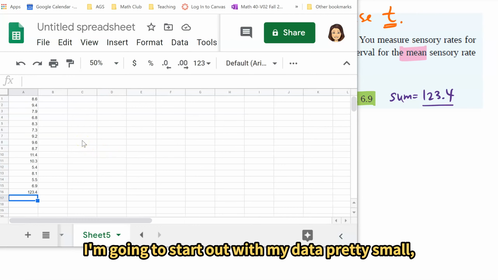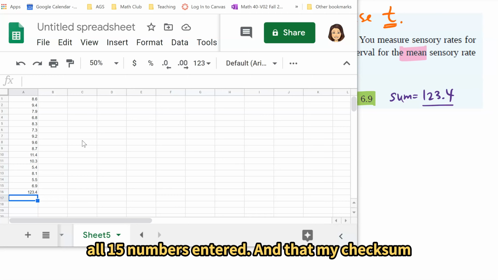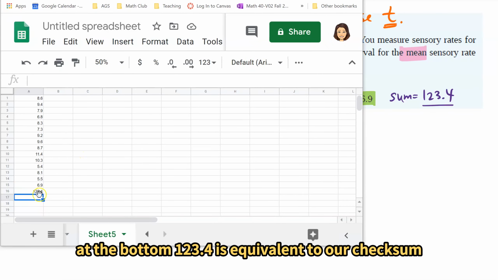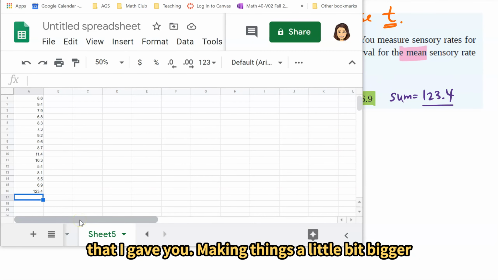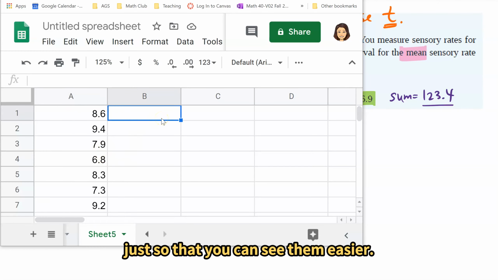I'm going to start out with my data pretty small, just so that you can see that I have all 15 numbers entered and that my checksum at the bottom, 123.4, is equivalent to our checksum that I gave you. Making things a little bit bigger just so that you can see them easier.